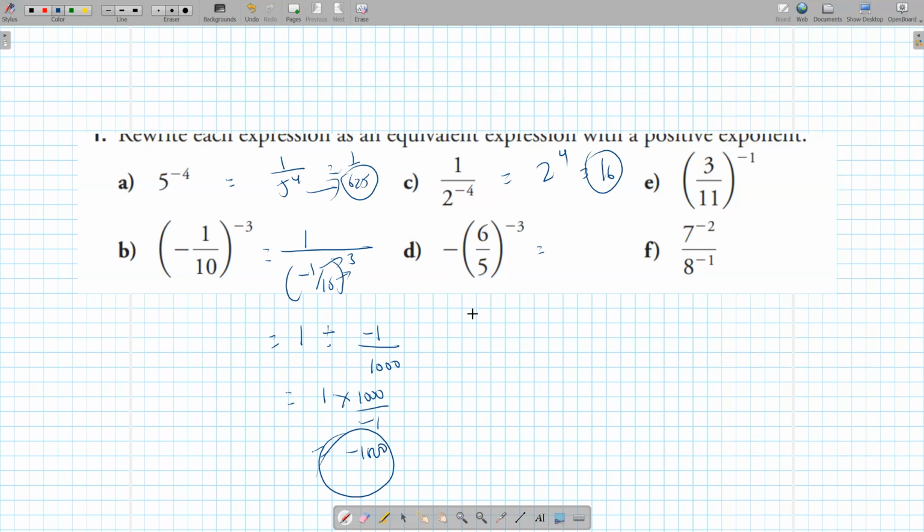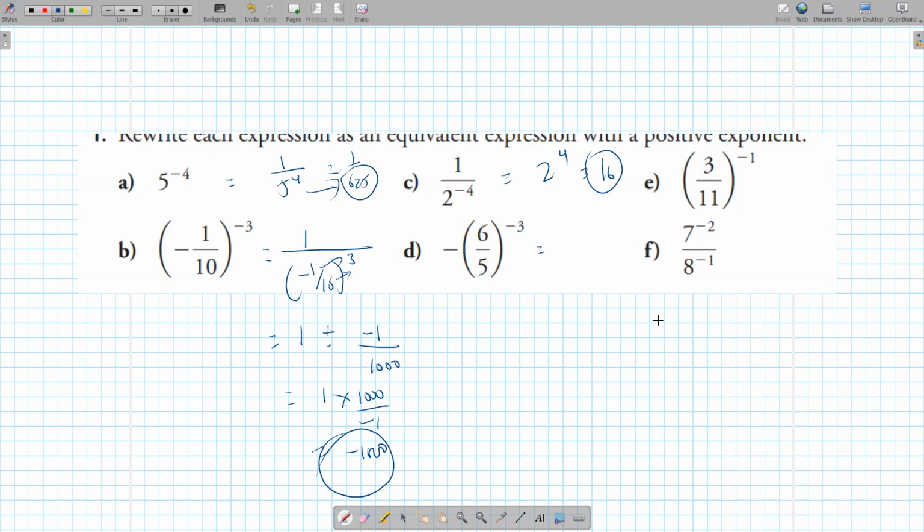We want a positive exponent. Very similar to B. Look at what we did in B. Do you just put all of it over one?